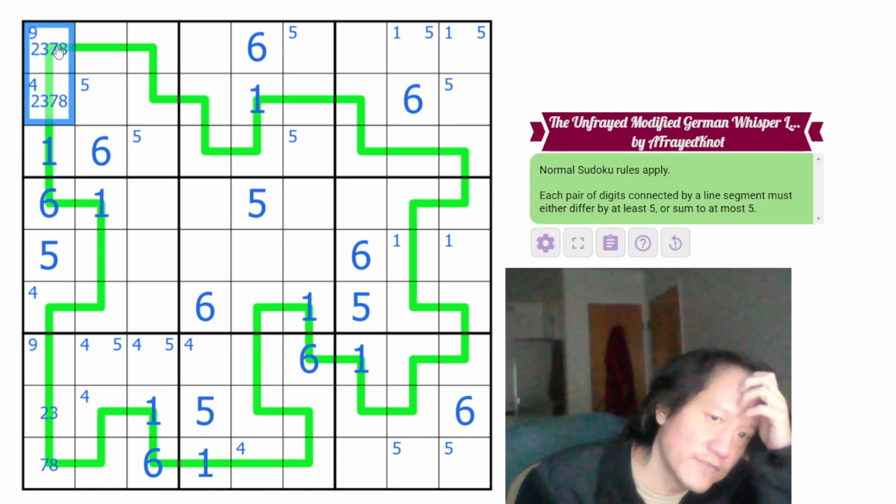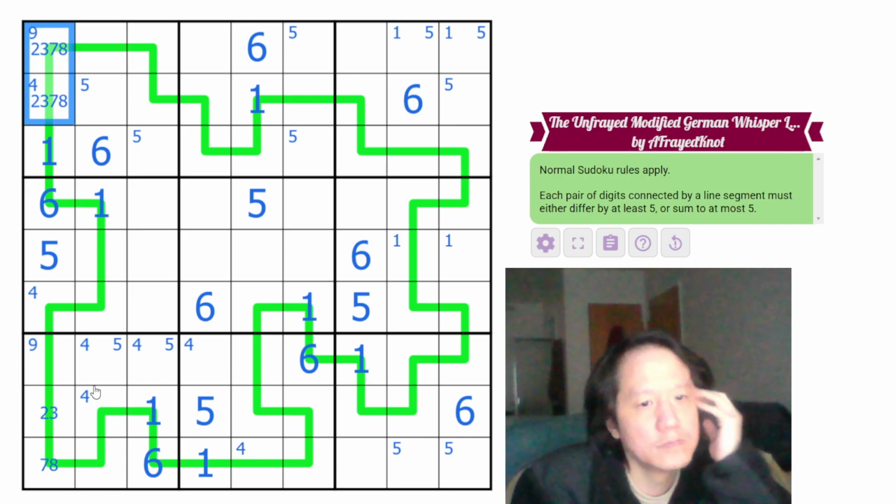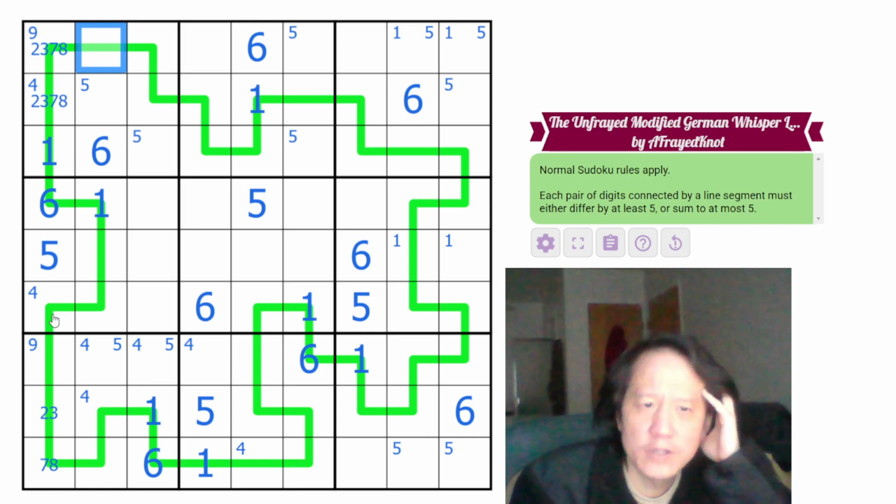If this is 4 and 9, this would have to be 2, 3, or 4. No, this would be 2 or 3 if that's the case. Oh, that's interesting.